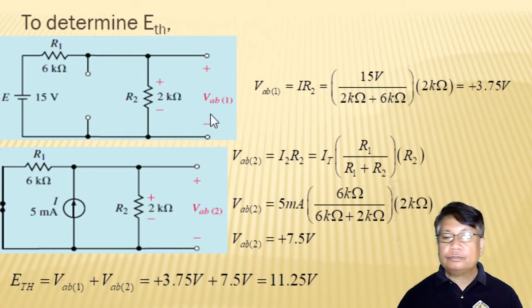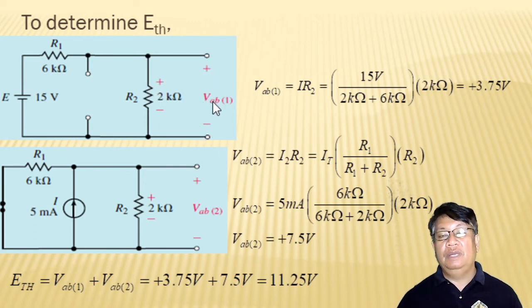Now, what is V sub EB? Your V sub EB here is the voltage at this terminal, which is equal to the voltage drop across this R sub 2. Whatever voltage drop is in R sub 2, that is your V sub EB, and that will become your Thevenin voltage later.